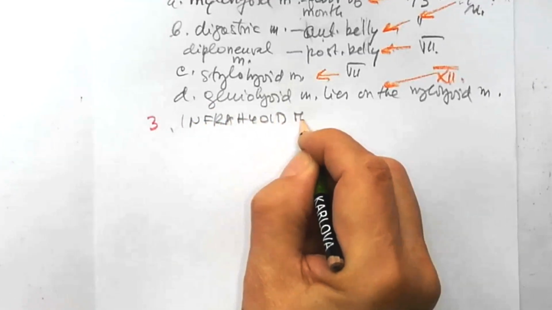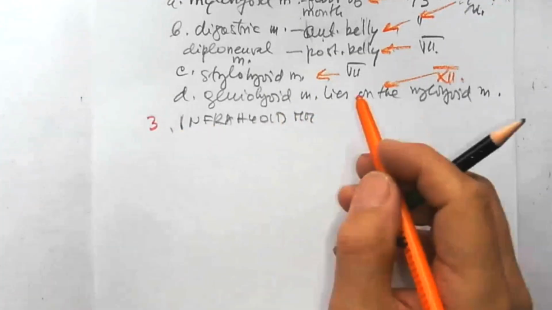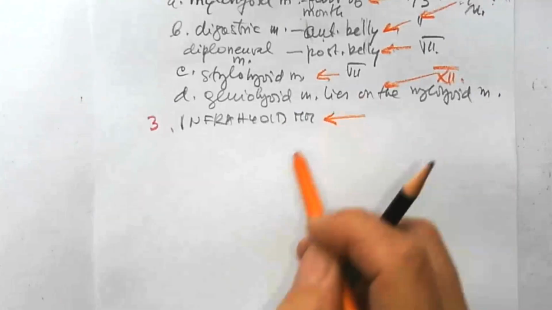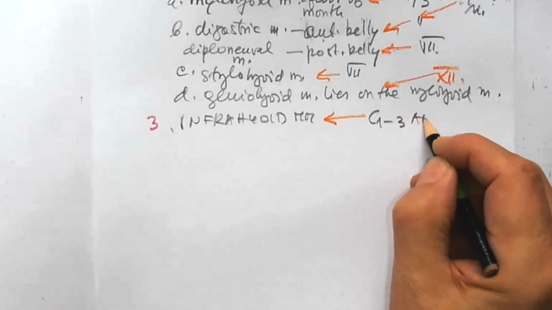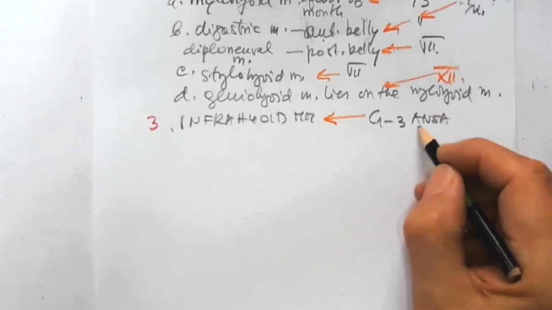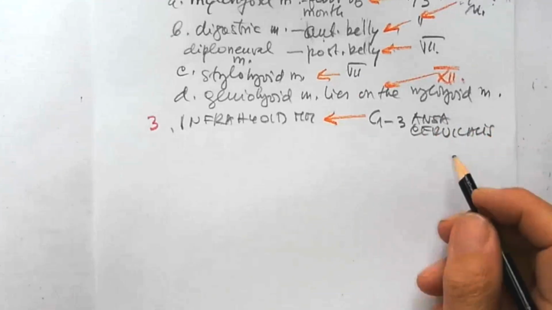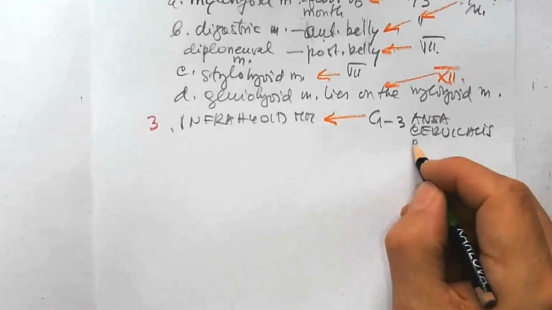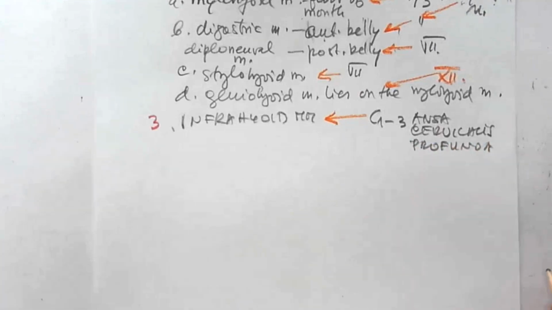Infrahyoid muscles are innervated, which is easy to say at the moment, by segment C1 to C3, by branches of ansa cervicalis, ansa cervicalis profunda, and we will see the ansa cervicalis profunda.